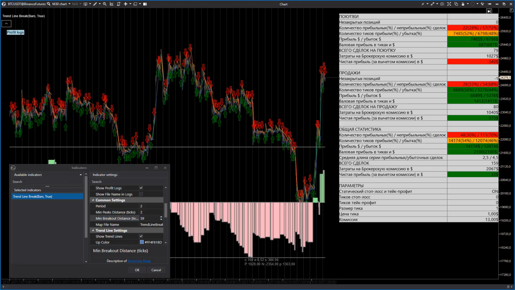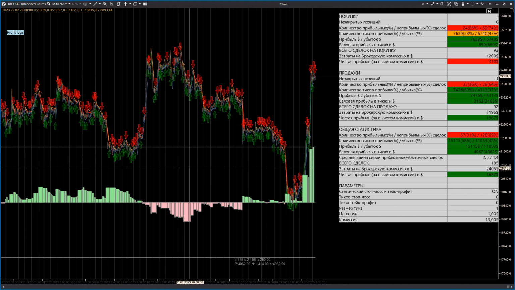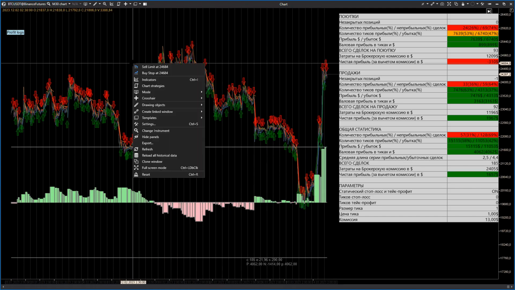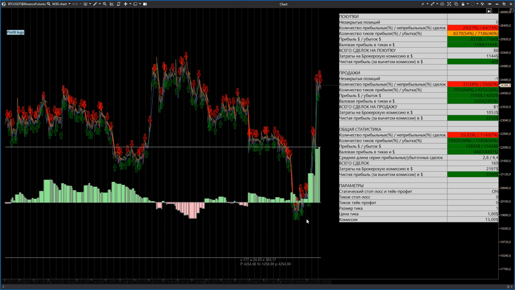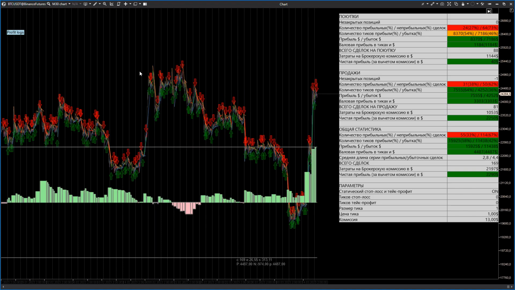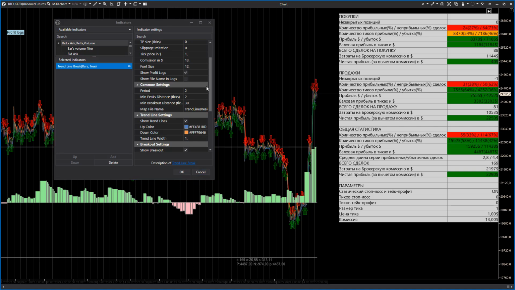As you can see, closer to 50, the results began to deteriorate significantly, and it turned out that by getting an earlier breakdown, we get an earlier entry point, and this gives us more profit. Moreover, there is a steady profit on the settings from 10 to 40.